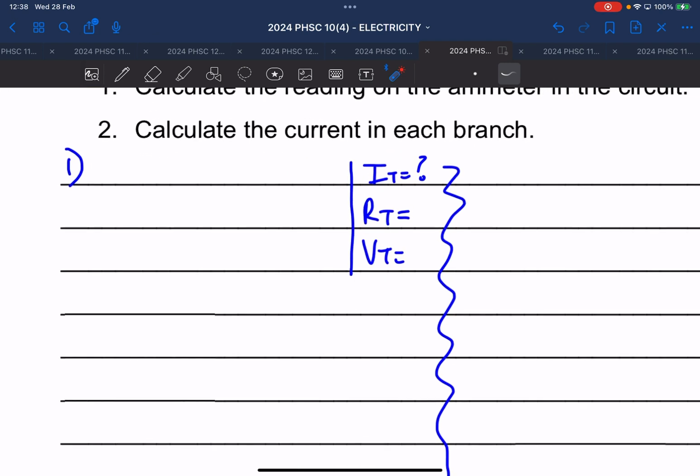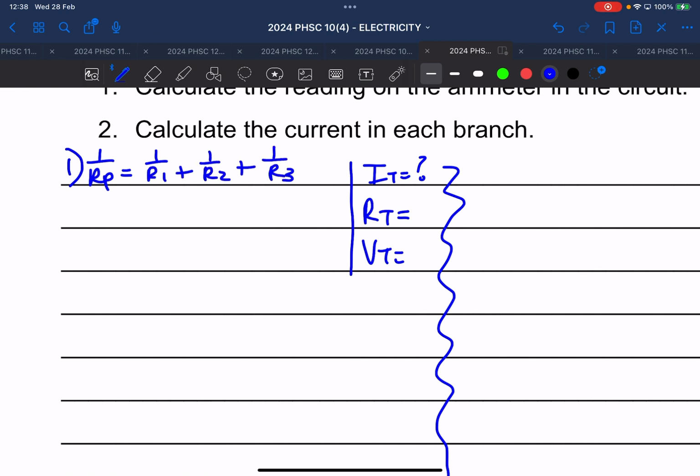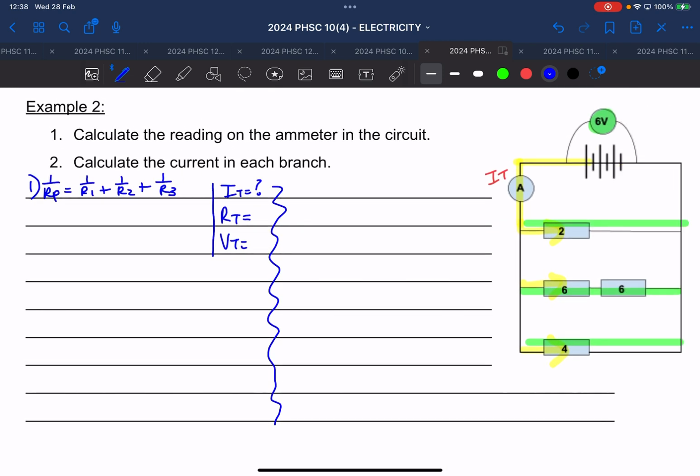Okay, so we have 1 over R parallel is 1 over R1 plus 1 over R2 plus 1 over R3. Here we have 1, 2, 3, and here we have 1, 2, 3, 4.